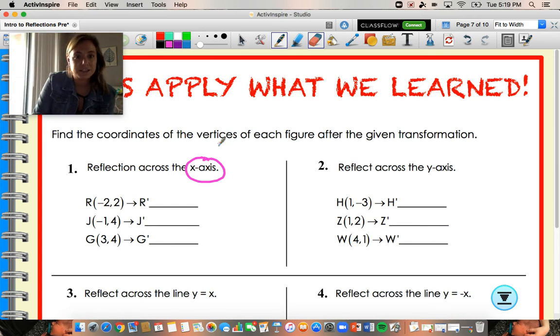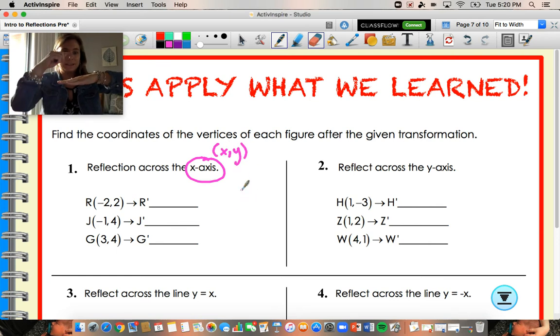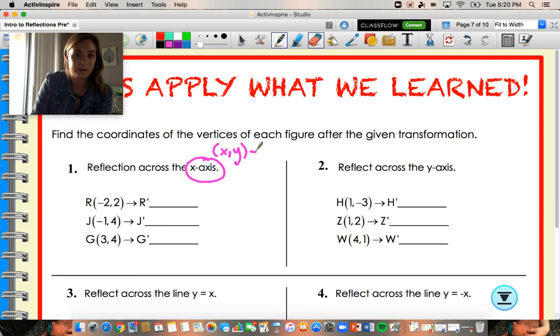What I like to do is think through the rules. X, Y. If I'm reflecting across the x-axis and something flips down, the height is going to change, but where it is on the x-axis won't. So my height will change. It's going to be x, negative y. So our prime would be x, negative y.